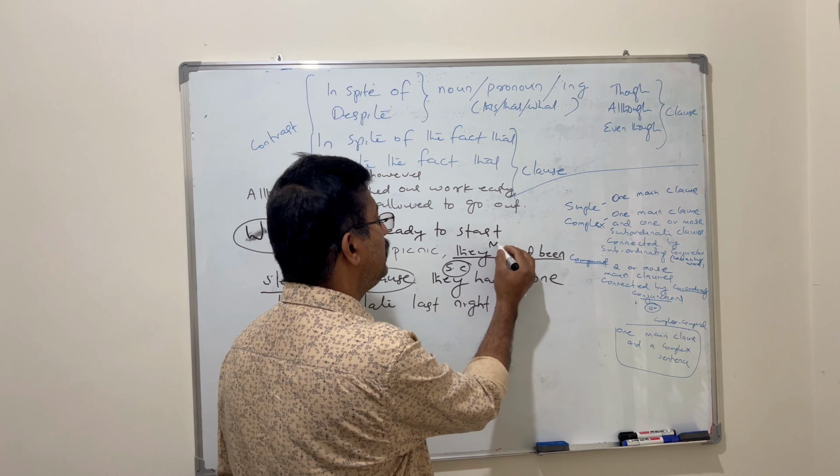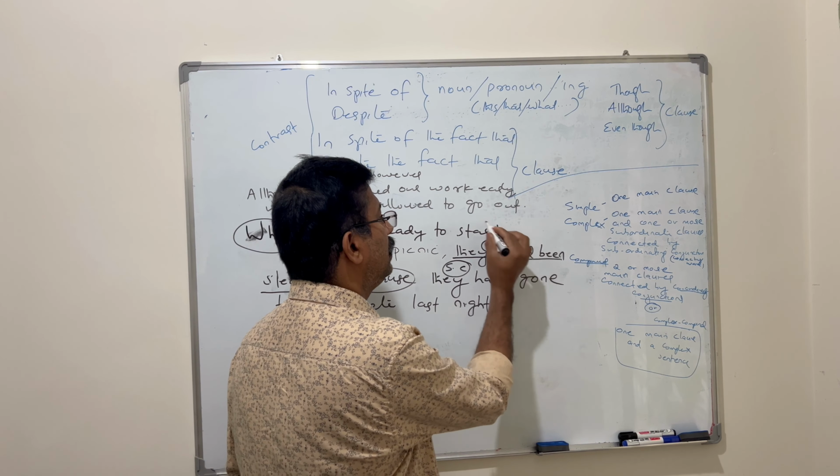So we have got one main clause and two subordinate clauses connected by "when" here and "because" here, and it has full meaning because of the main clause there. The main clause is they had been sleeping.